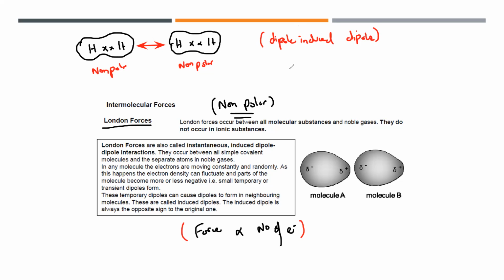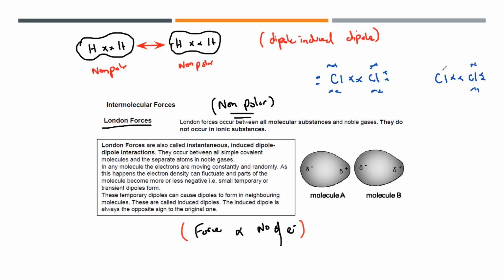increase. For example, you have a sample which contains hydrogen gas, and another sample which contains chlorine gas, Cl2. Because two identical atoms are there, they don't have any difference in electronegativity. So the bonds will be non-polar, as well as the molecule will be non-polar.